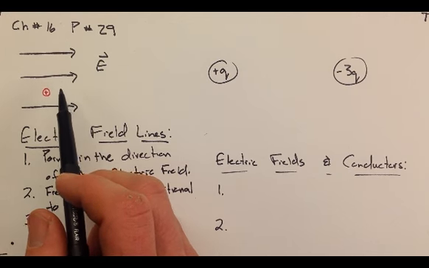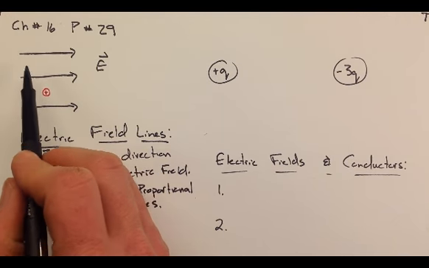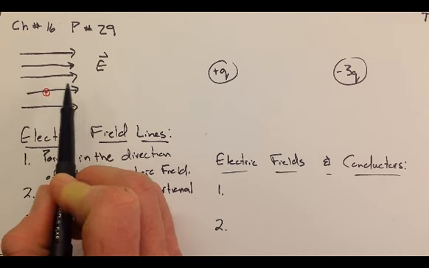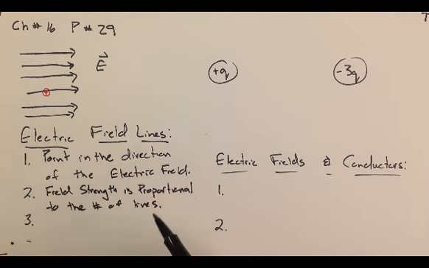How would I draw an electric field that's twice as strong in this region of space? Well, I would draw twice as many lines. So if you have more electric field lines in a region of space, that means the field is stronger there. Twice as many lines means the magnitude of the electric field is twice as much, maybe 20 newtons per coulomb instead of 10.